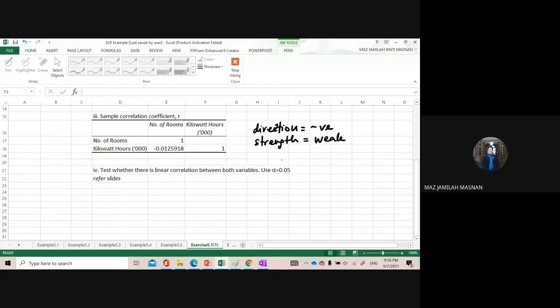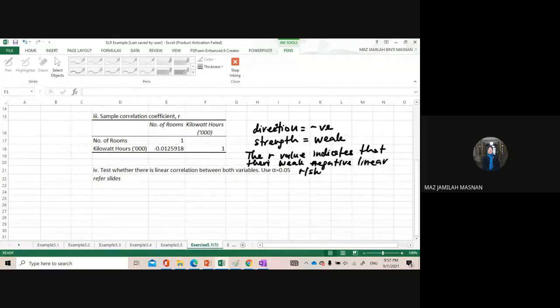So you can see that the R value indicates that there is a weak negative linear relationship between number of rooms and kilowatt hours.